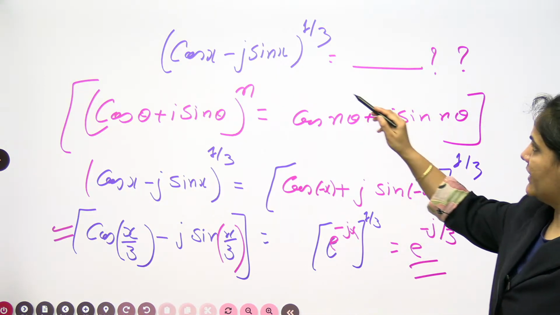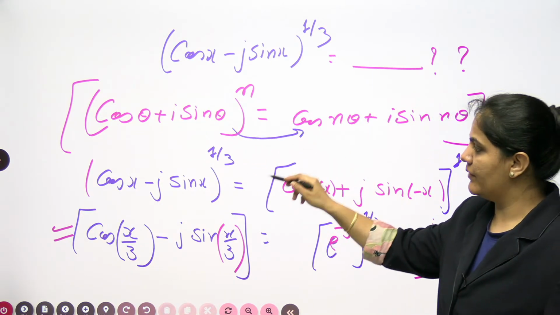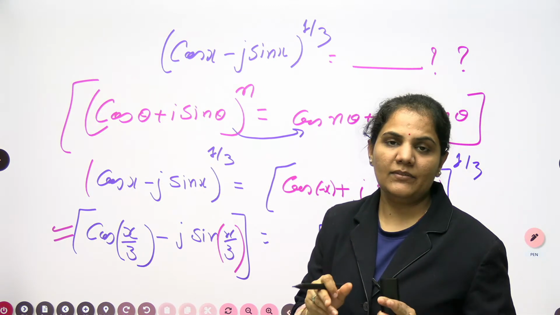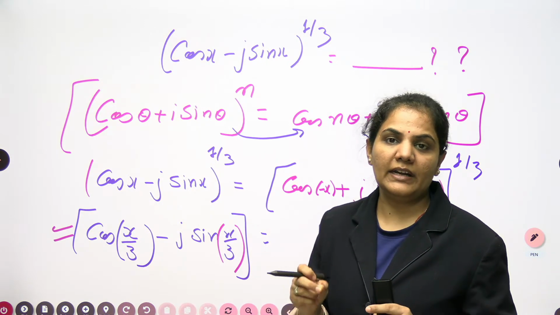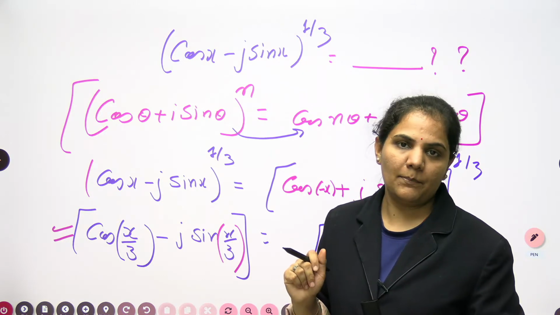Ultimately, it's not possible to approach directly with De Moivre's theorem. We need to convert. If a question has a negative sign in between, as in cos theta minus iota sine theta, you need to write it as e power minus iota theta, and then you can apply whatever power you want.